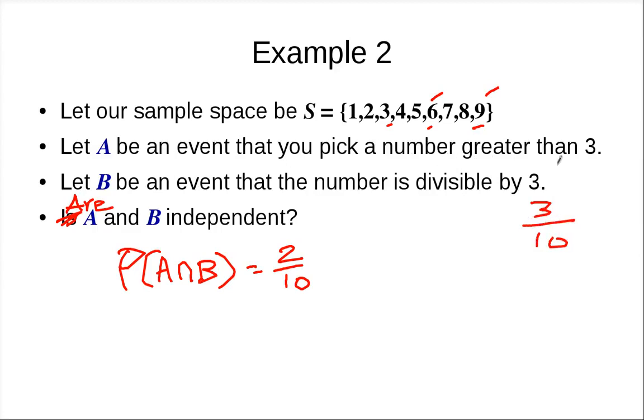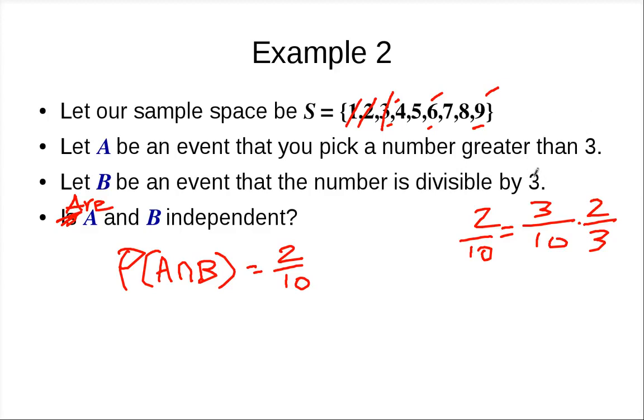And given that you pick a number divisible by 3, you cannot pick 3, so it's 2 over 3, right? And that's again equal to this. So it means that they are independent. If you know that you pick a number greater than 3, it doesn't change the probability that the number is divisible by 3 or not.